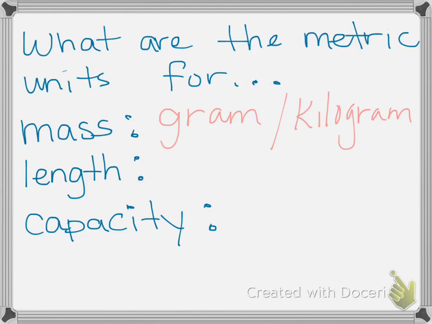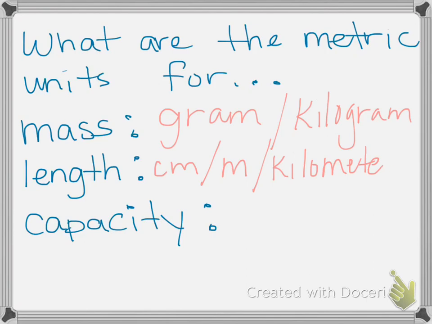Okay, and then for length, we talked about centimeters. I'm going to abbreviate these. We talked about meters, and there are 100 centimeters in a meter. And then even bigger, we have our kilometers, and there are 1,000 meters in a kilometer.